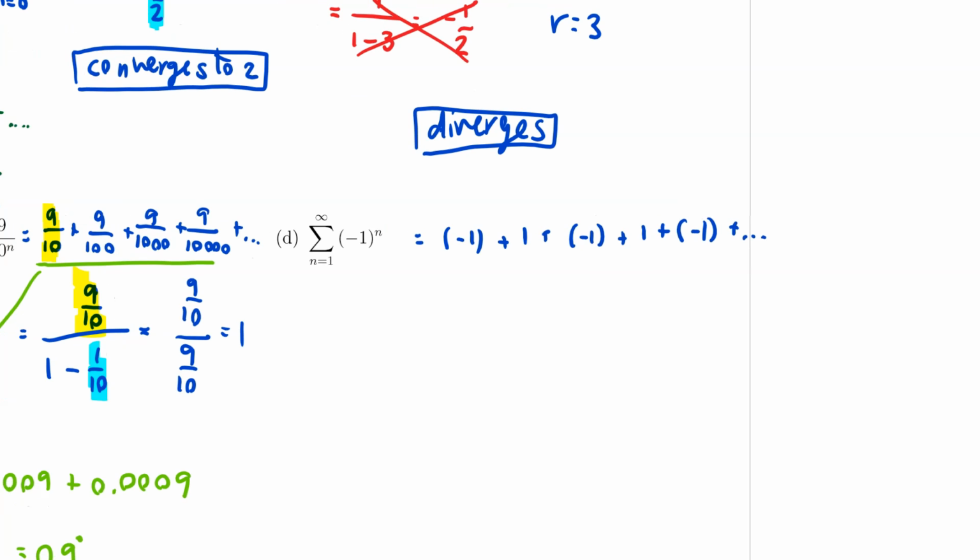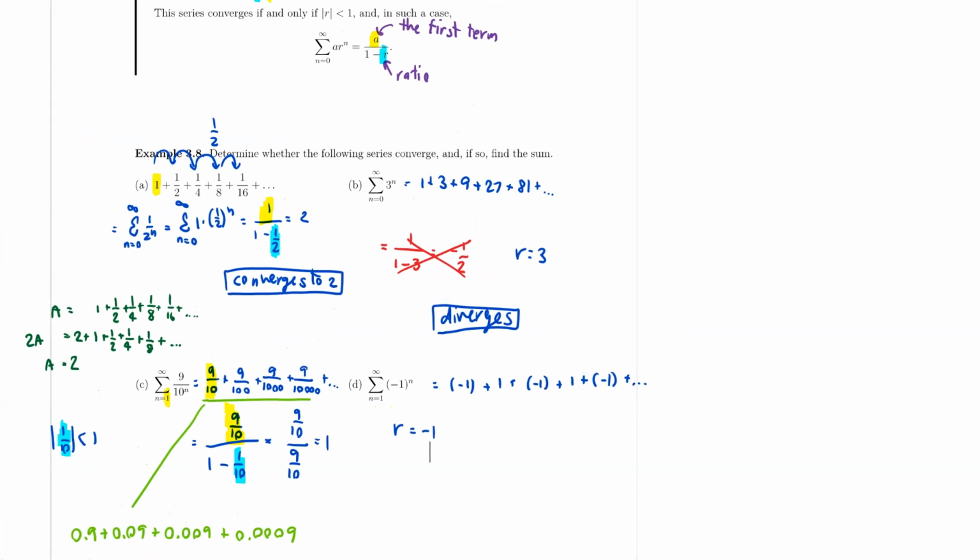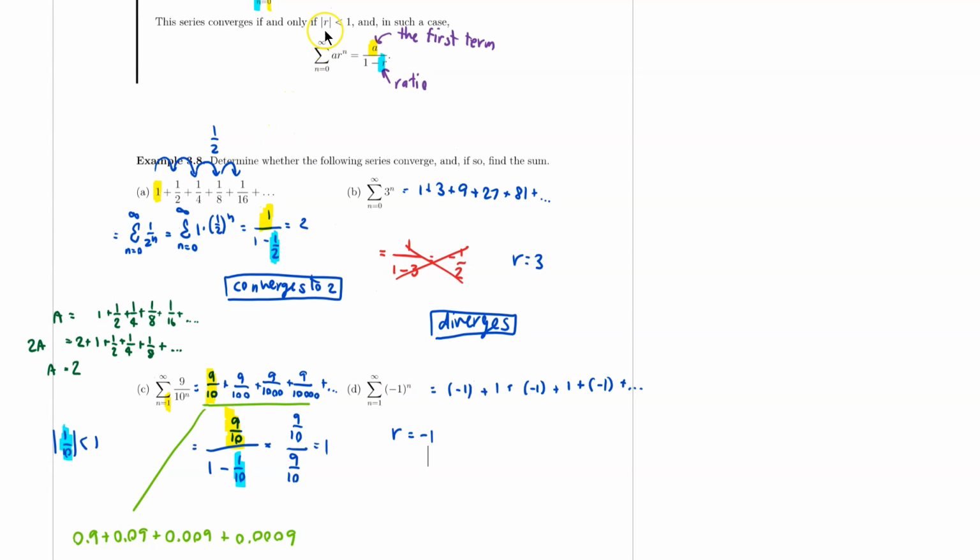Notice how this is also a geometric series, where the value of my r is going to be negative 1. Because the absolute value of this is equal to 1, I cannot use this formula. This formula only works when the absolute value of r is less than 1. So that means this now diverges.